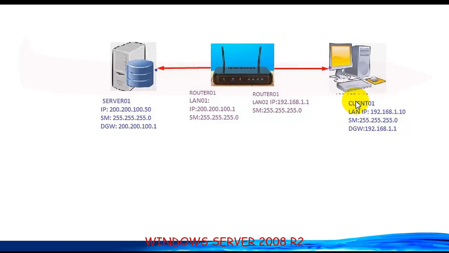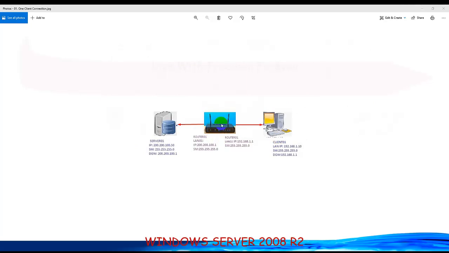For that, what we will require is the server and this router. As we are learning Windows 2008, I will make a router by adding one server with two LAN cards. One LAN card will have this IP address and another will have this IP address, and it will connect with the client.